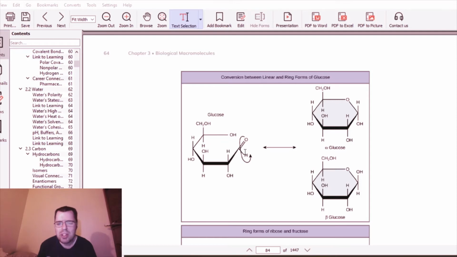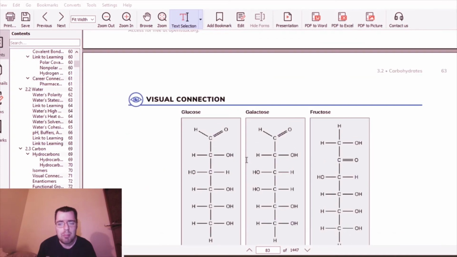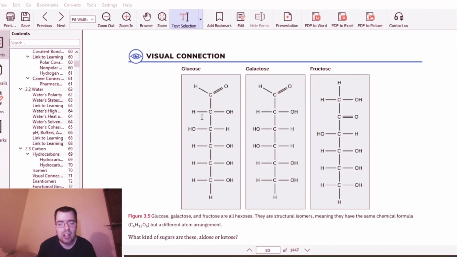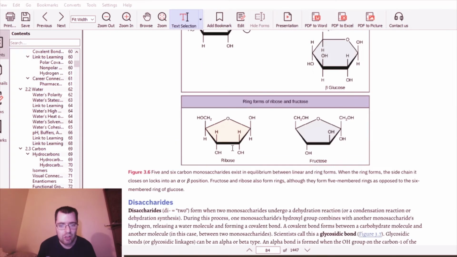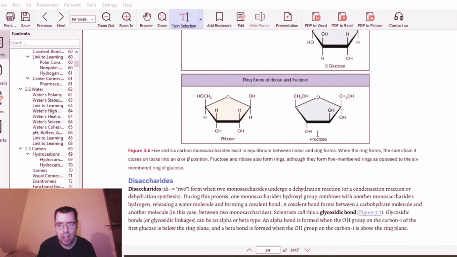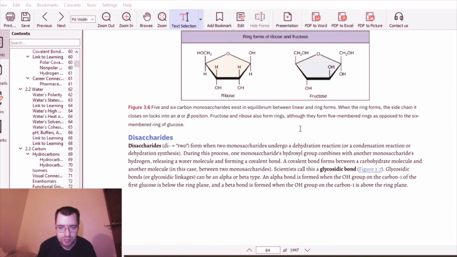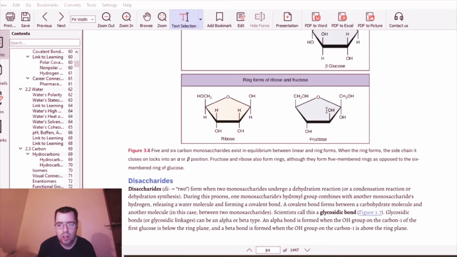Well, for some reason the art here is a little off. There should be a corner here, but basically there are 6 carbons, like it really should be. So that's a little weird. Ribose and fructose are right here as well. Here it's 1, 2, 3, 4, and then 5 because it's a corner.